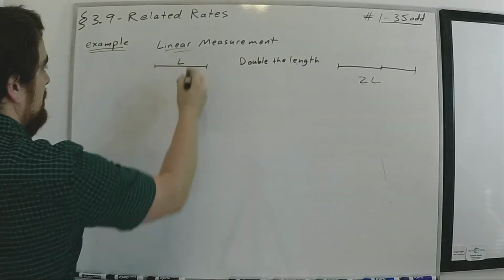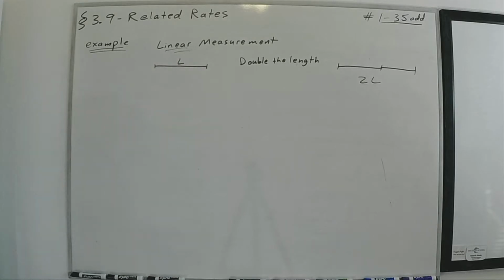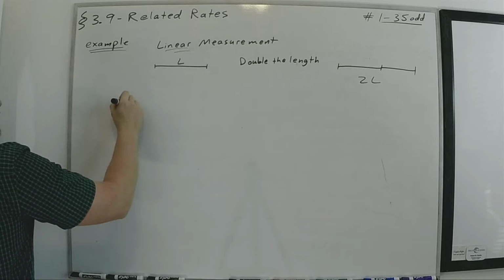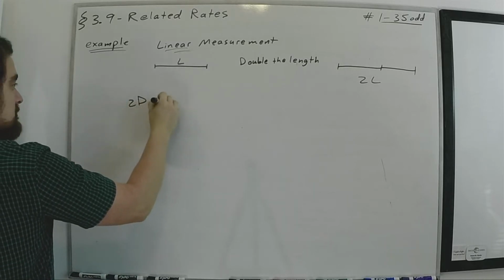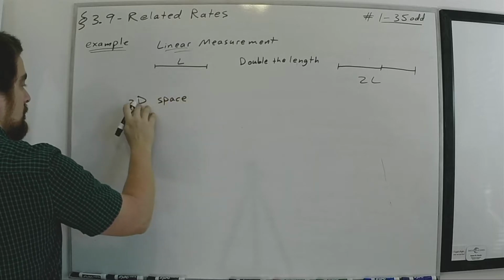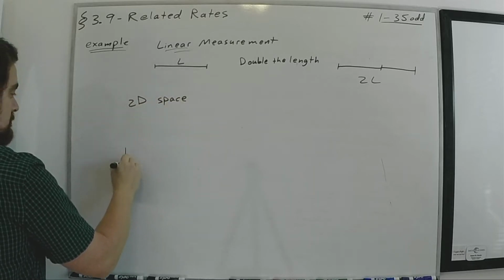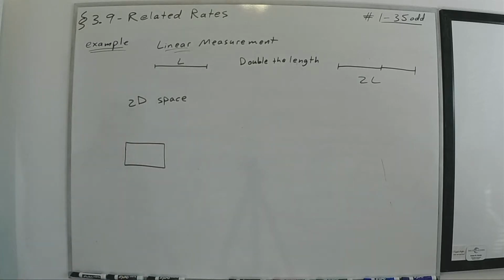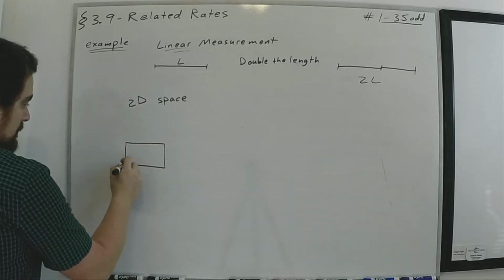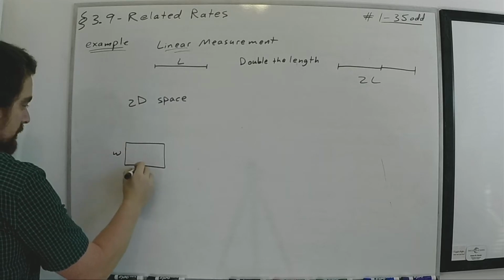But this is for linear measurements. If we start getting into things that are a little bit more involved, like two-dimensional objects, let's say we're in 2D space, and we take a sheet of cardboard or something like that, whose length is twice the width.